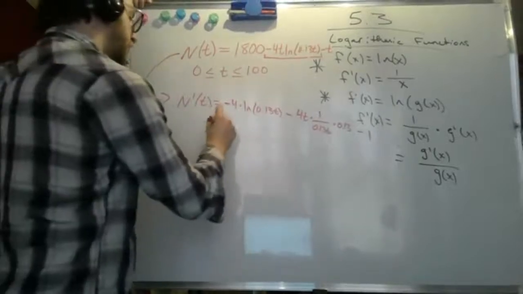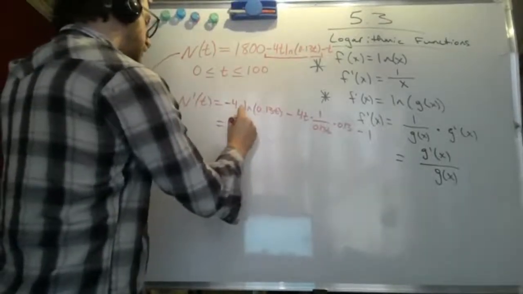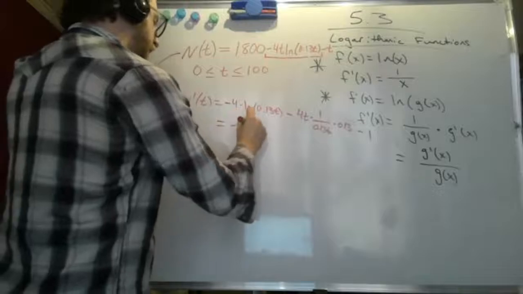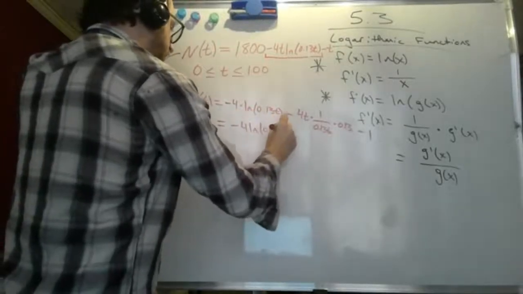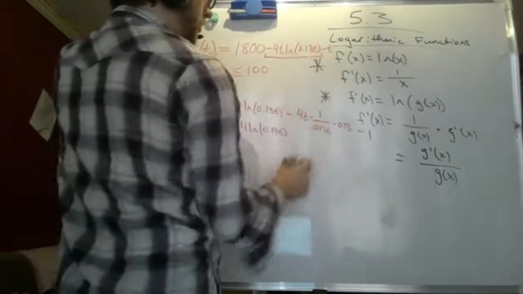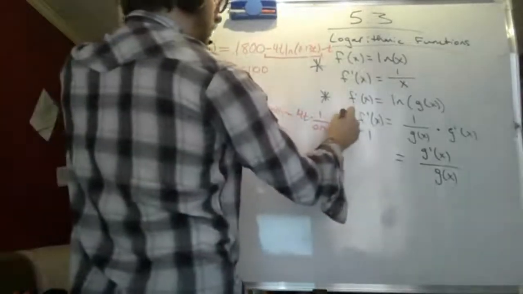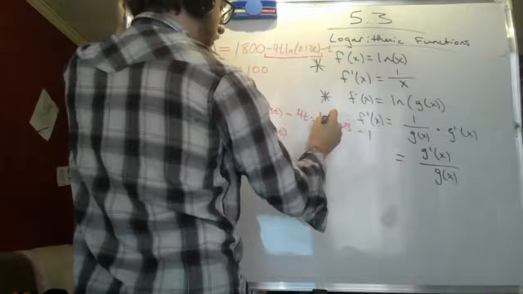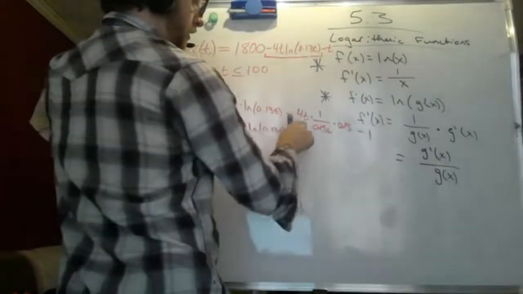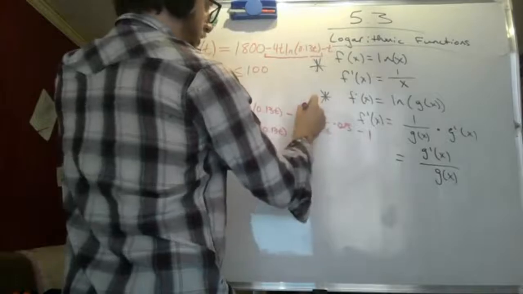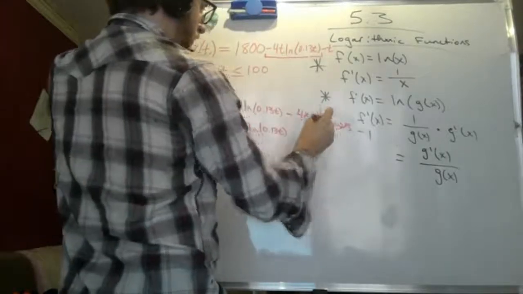So here we go. For this left one, it's already pretty simplified. We've got negative 4 natural log of 0.13t. Now here on the right, lucky for us, this 0.13 is going to cancel with the 0.13 in the denominator, so that's nice. And then the t and this t are actually going to cancel since one is above and one is below.